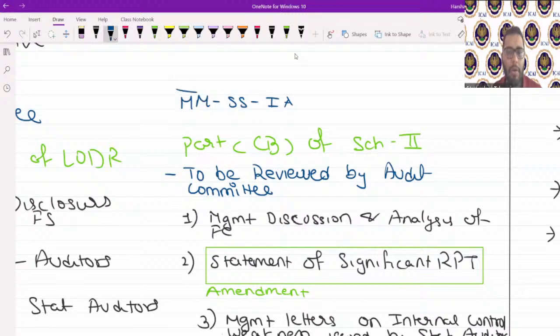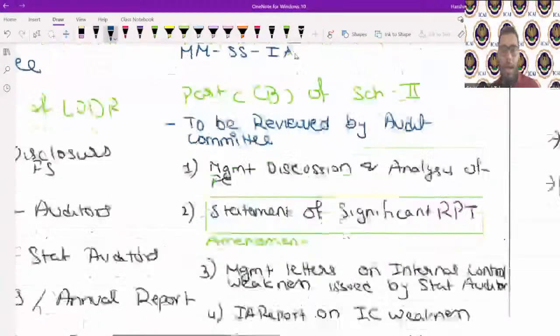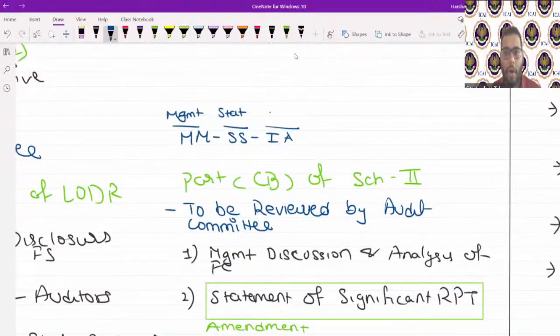Both M's are for management, both S's are for statements, and IA means the IA report and internal audit terms. When I say management, you are required to see management discussions and management letters.